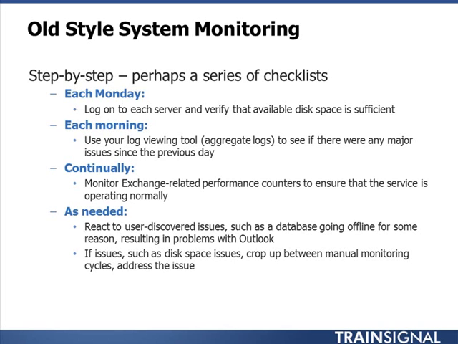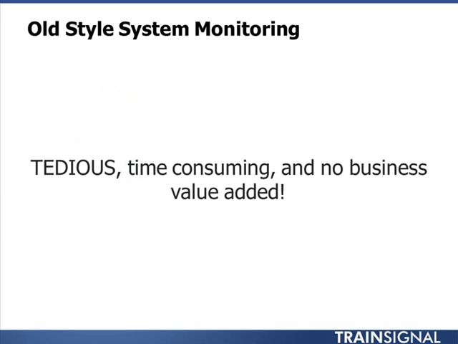And then if there's issues such as disk space issues that crop up, address the issue. But a lot of times IT departments do wait for users to report issues before they take action on those issues because they don't know the issues are taking place. All of this is tedious, time-consuming, and there's no business value added to these kinds of old-style manual checklists.